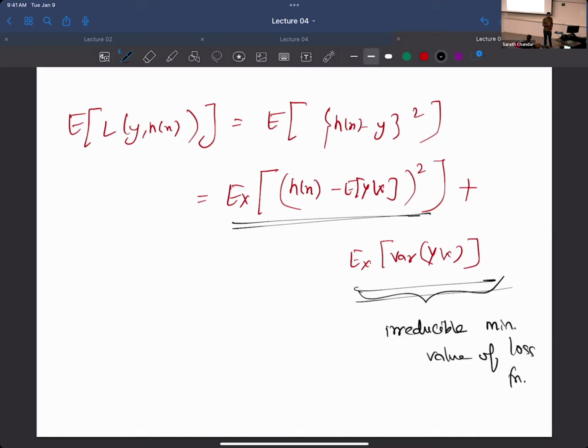You have a stochastic problem. The best example I can give is to go back to the housing price prediction. We saw from the data that even if two houses have the same size, they could have different prices. That was just one feature. You could add 10 features if you want.